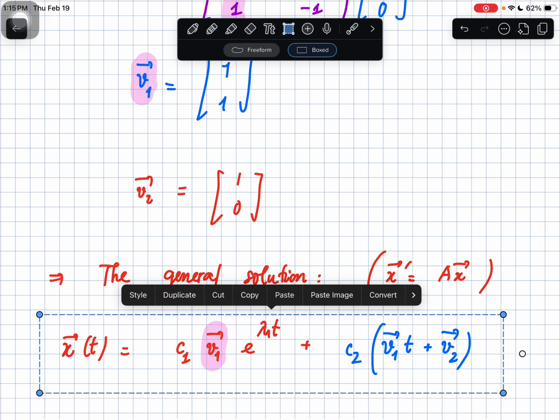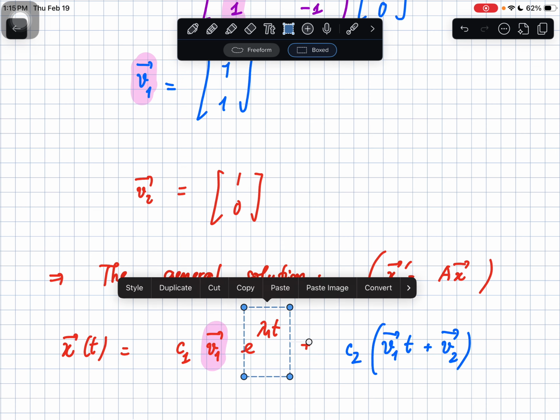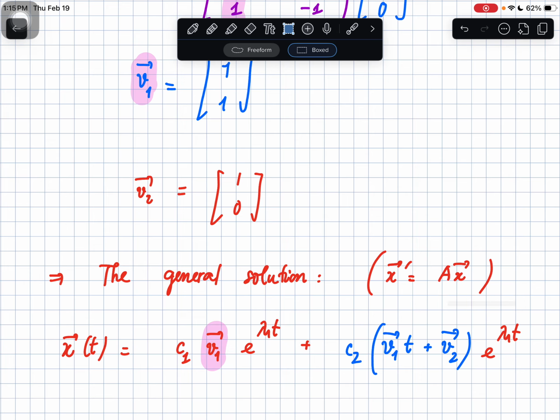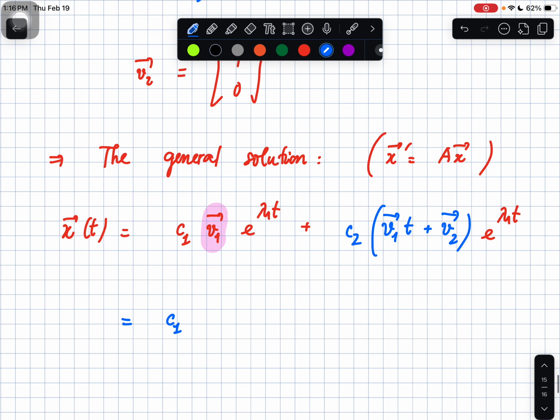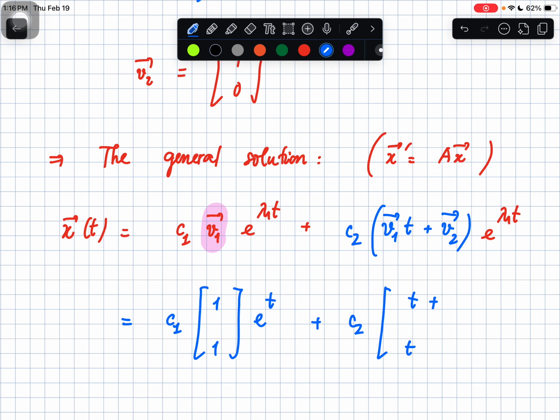So e to the lambda 1 t is the same lambda here. In this case, lambda is 1. So c1 v1 is (1, 1), e to the t, c2 (v1 t plus v2), which is (t, t) plus (1, 0), e to the lambda t.